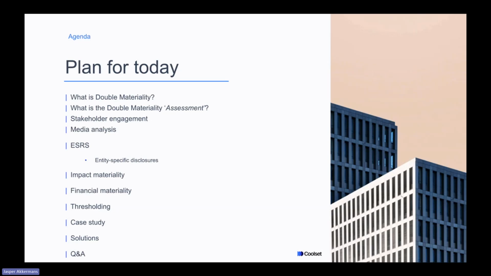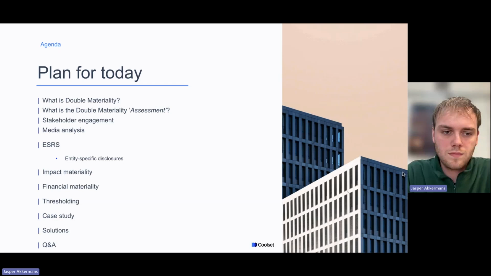We go through the stakeholder engagement, the media analysis, the ESRS topics, entity-specific disclosures included, the impact and financial materiality, thresholding, a case study, and then we finish up with some solutions to set you up for success. And as I mentioned earlier, we finish up with the Q&A session. So without further ado, I give the stage to Jasper.